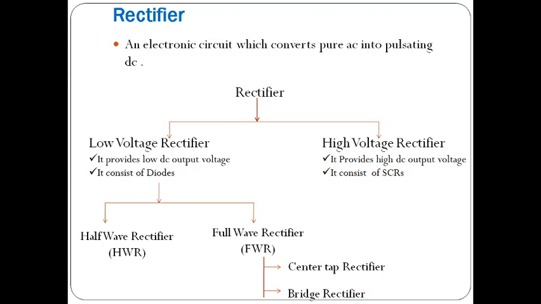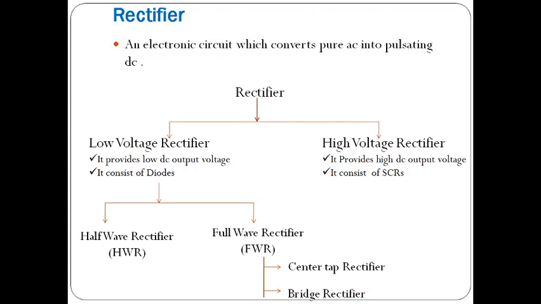So now we are discussing the PN junction diode applications. Our PN junction diodes are used in low voltage rectifiers. These low voltage rectifiers are again classified into two types based on their rectification, that are half wave rectifier and full wave rectifier.